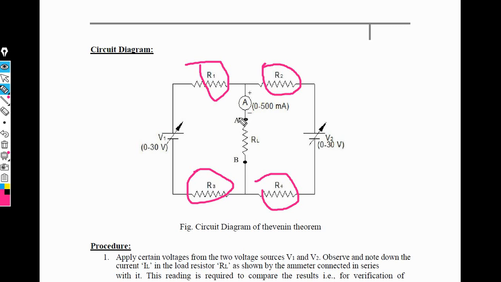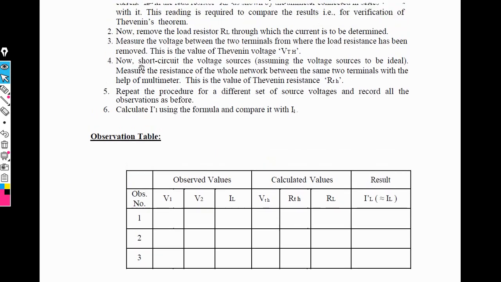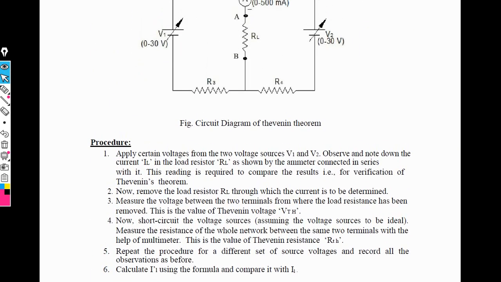The branch AB is the load resistance, there are two voltage sources V1 and V2, and an ammeter A. Now we need the procedure. We observe the current IL, with load resistance RL and the ammeter connected in series.